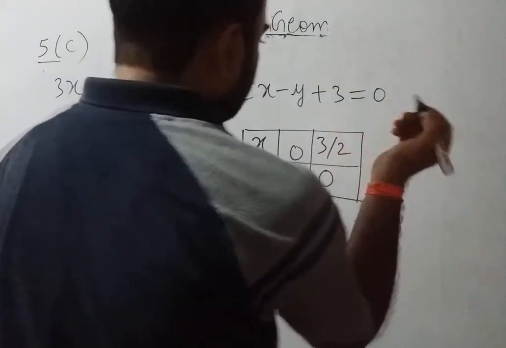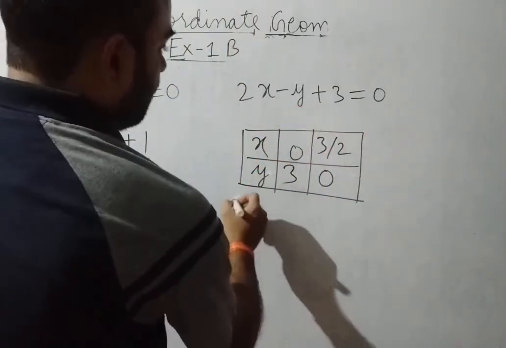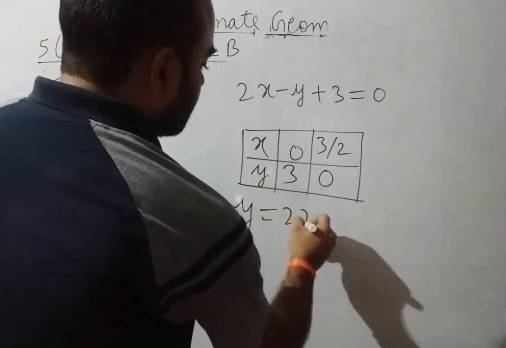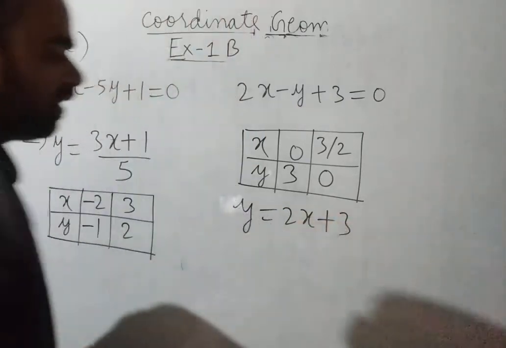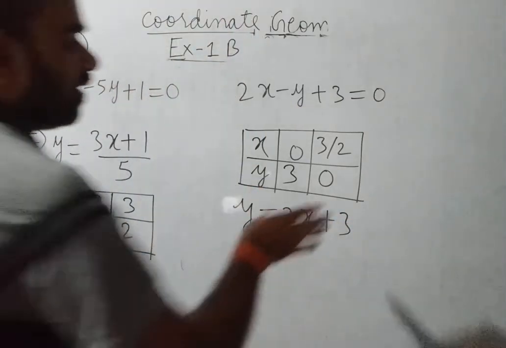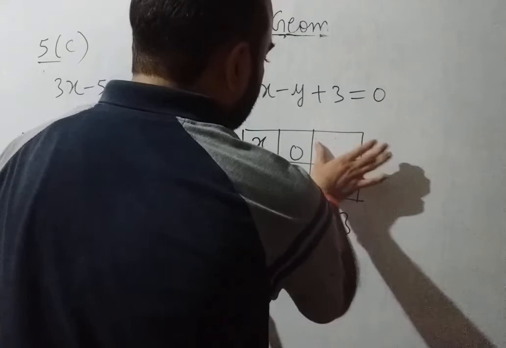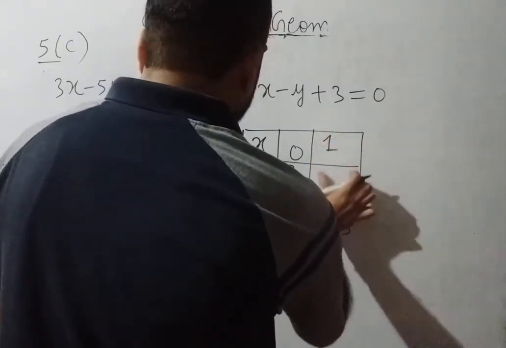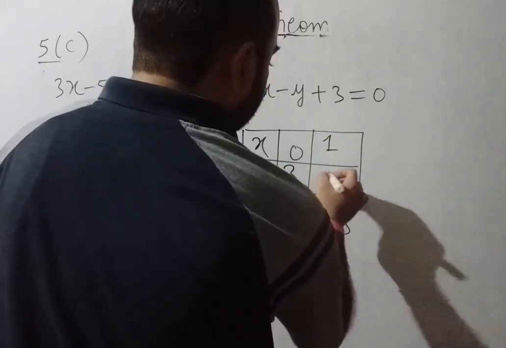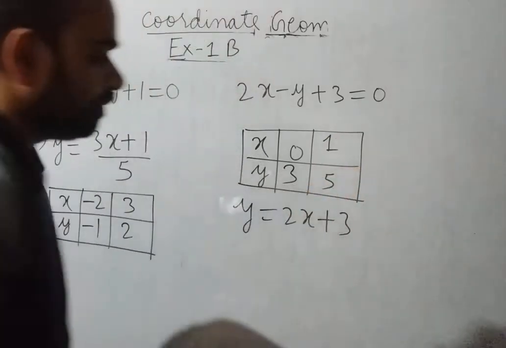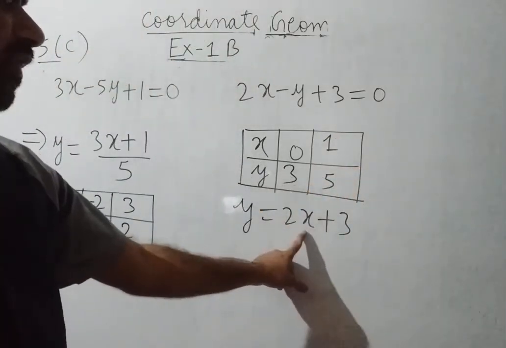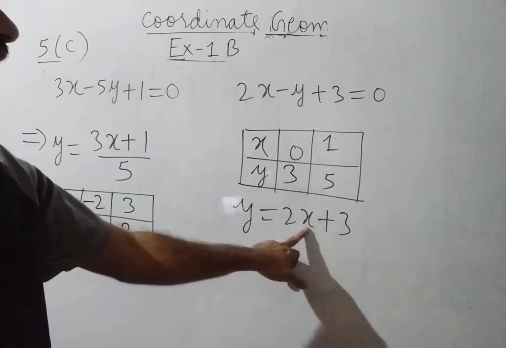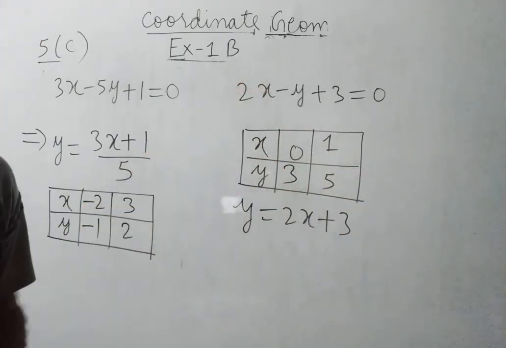If you don't want a fractional value, y will be 2x plus 3. If x is 1, y will be 5. If x is 0, y will be 3. So we have the tables.